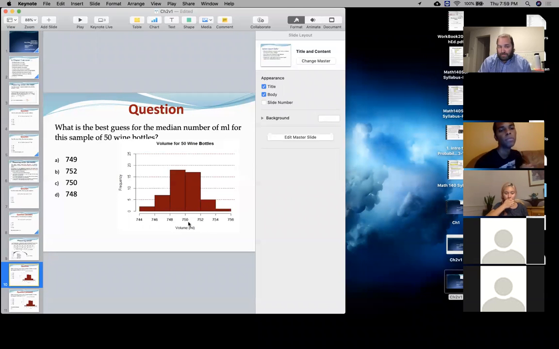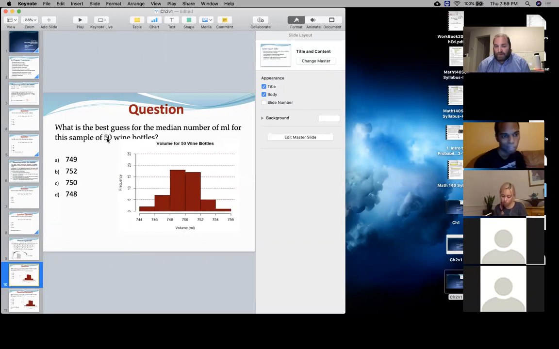Let's see why. How many data points are there in this problem? 50. And we know the median is the middle one of those 50, correct? Now, because 50 is an even number, it's halfway between which and which?